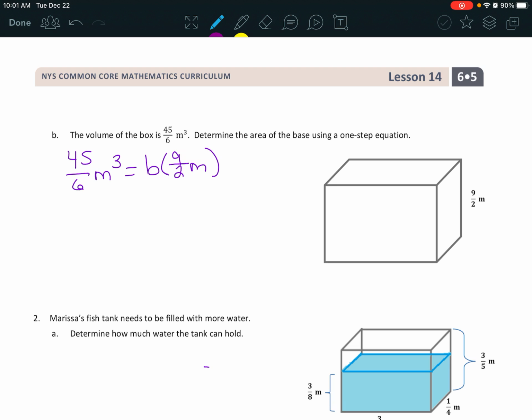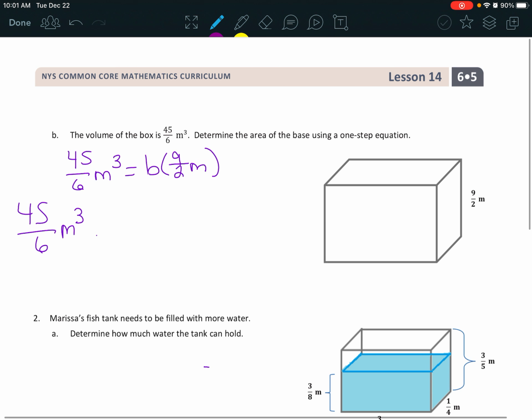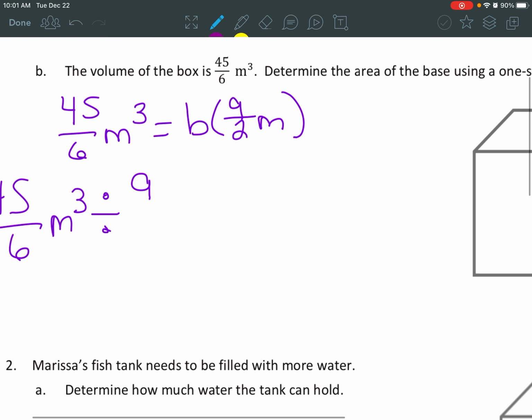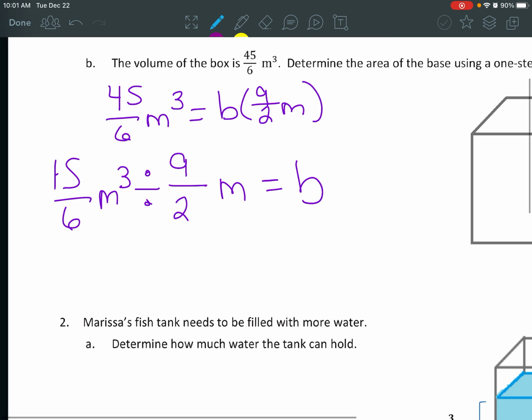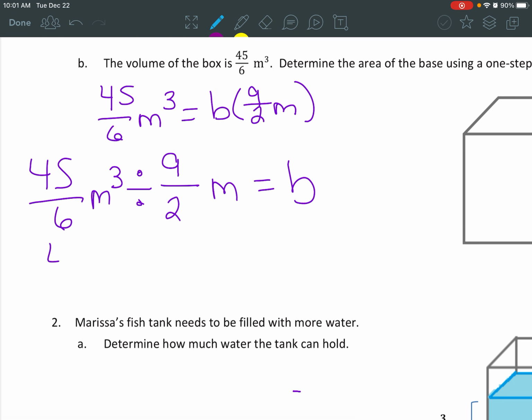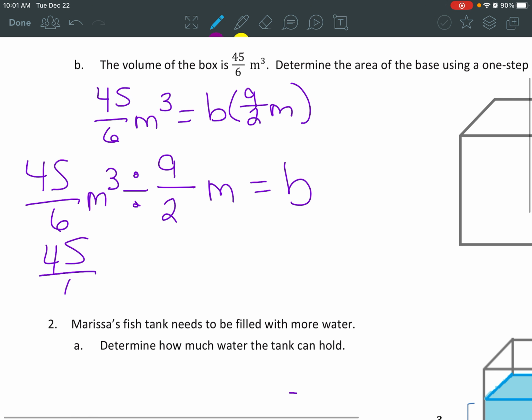So we're going to do the same thing. We're going to divide. So 45/6 meters cubed divided by 9.5 meters equals the area of the base. So keep the 45/6, make it multiplication, and flip the second number.